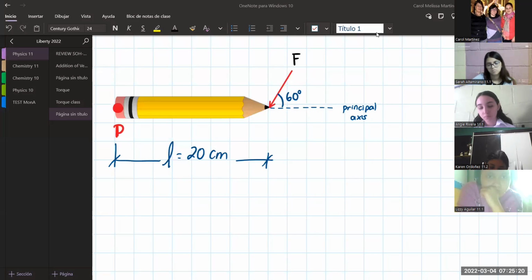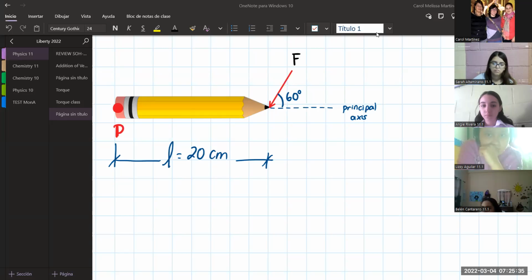Okay. So, do you remember what we used to do with vectors when we had angles? We identify if the angle is vertical or horizontal. What type of angle is that?